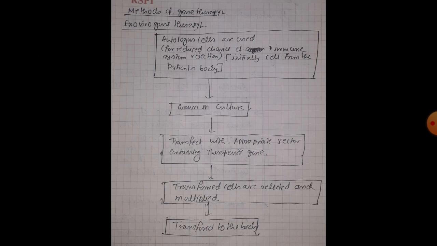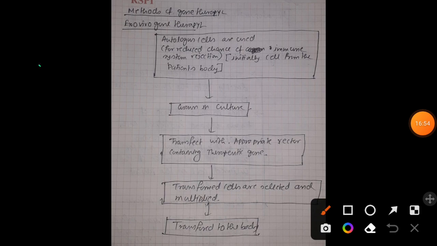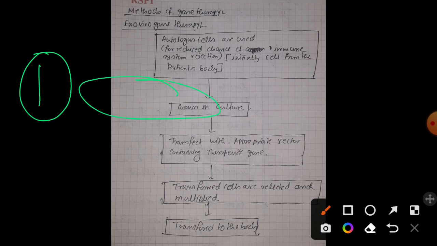Now there is one problem in the case of ex vivo gene therapy. Ex vivo gene therapy is fantastic for those tissues from where you can easily take cells, and you can also grow them in a very significant amount in vitro. Then after transformation of those cells with the help of vectors containing the gene of interest, we can transfer them back to our body.